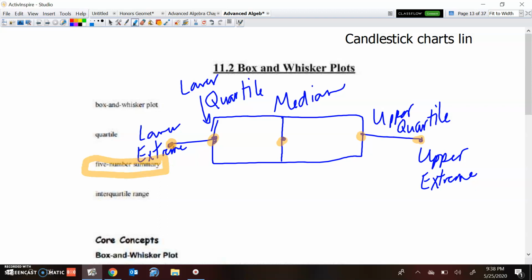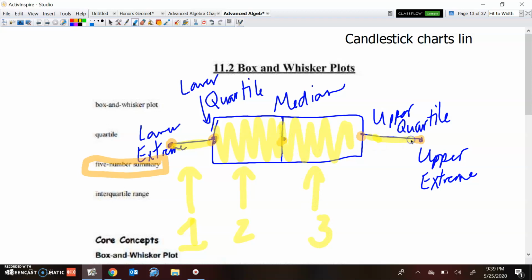Okay, and then it breaks our data into 4 quartiles, and it tells us kind of the spread of our data. So my first quartile is represented by this region right here. This region in here is my second quartile. This is my third.